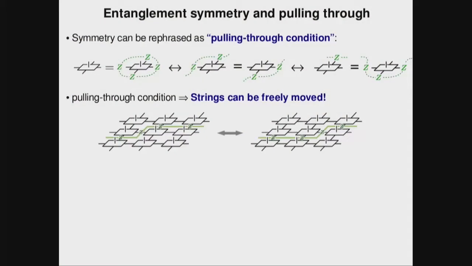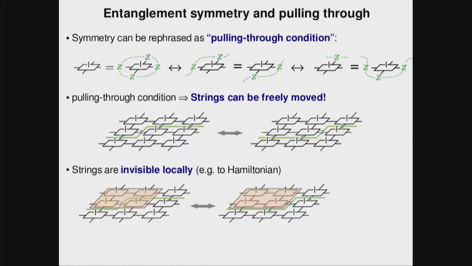So the string is really like a floating object floating around in the system, which in particular means if there's one of these strings floating around anywhere in my system, it will be something which is invisible to the parent Hamiltonian, right? Because what does a parent Hamiltonian do? Well, it looks locally, and whenever the state looks like it's built from the original tensors, then it gives it an energy 0, so it's happy, right?